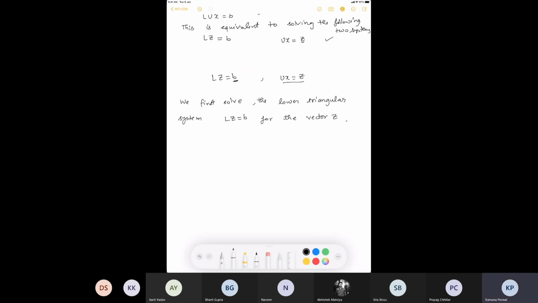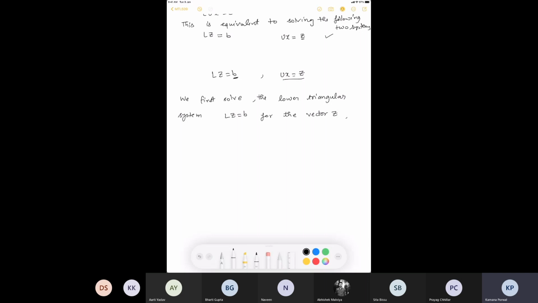And this you can obtain by the forward substitution, right? We have already seen that when you have a lower triangular system, you can easily solve it by the forward substitution. So you can use forward substitution to solve it.